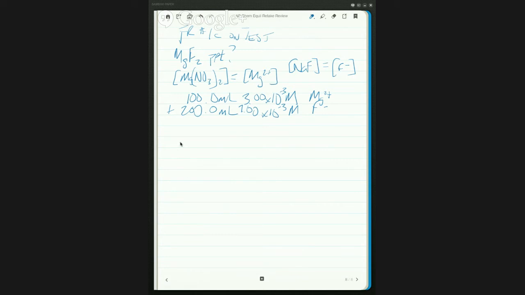And so what I would say is, what's the quickest way to do this? Why don't we do this? So for the Mg2+, that's equal to 3.00 times 10 to the negative third, and that's the number of moles in 1 liter.